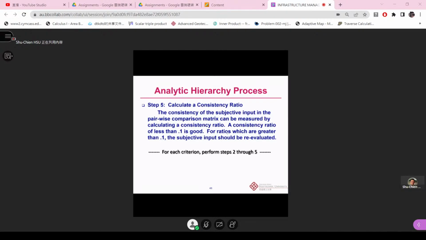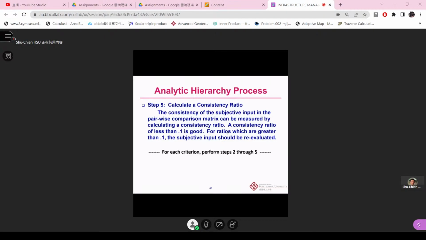The consistency of the subjective inputs in the pairwise comparison matrix can be measured by calculating the consistency ratio. Okay, I think a student, Chong Ho, asked me, although it's not related to here, whether there are any unreasonable values. This consistency ratio in AHP is to answer Chong Ho's question: are some values unreasonable? Yes, some are, so we need to check when we do further analysis whether those values are reasonable and can be processed further.